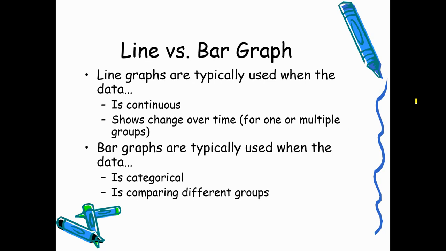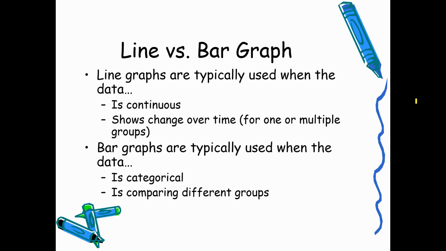So you're going to have 1 single line graph and 1 multiple line graph, like 3 lines on the same piece of graph paper. And then you're going to have 1 single bar graph, and 1 multi-bar graph, okay? So 4 graphs total. 2 are going to be line, 2 are going to be bar. One of the lines has multiple lines, and one of the bar graphs has multiple bars, okay?